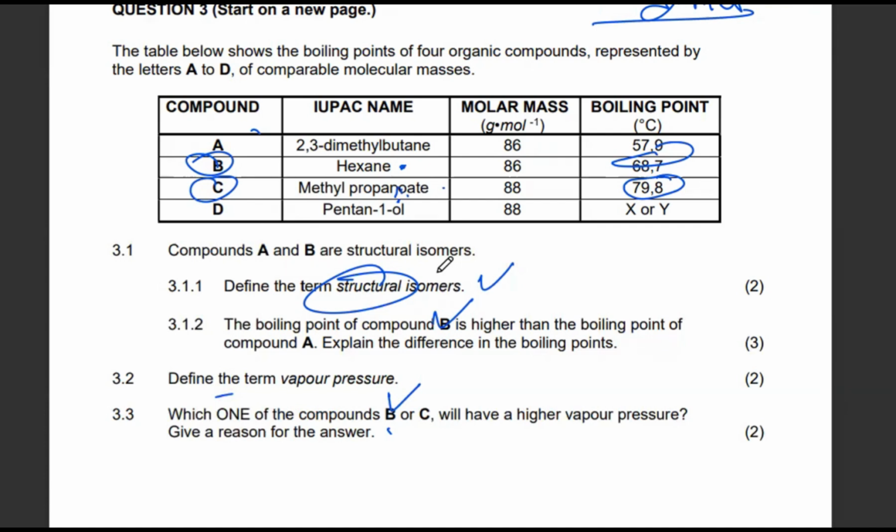This one has London forces only, while this one has London forces and dipole forces. So the one which has dipole forces will have a higher boiling point compared to the one without dipole forces.